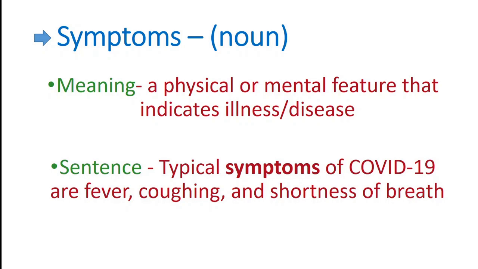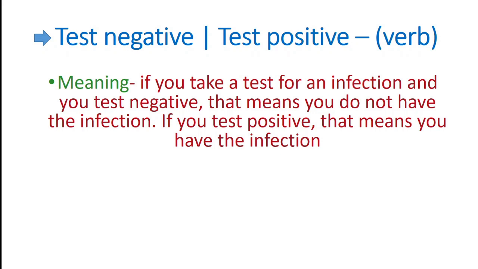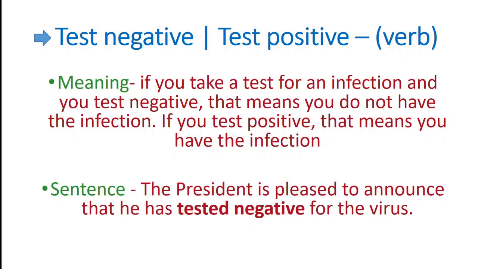Test negative or test positive. Verb. Meaning if you take a test for an infection and you test negative, that means you do not have the infection. If you test positive, that means you have the infection. Sentence: the president is pleased to announce that he has tested negative for the virus.